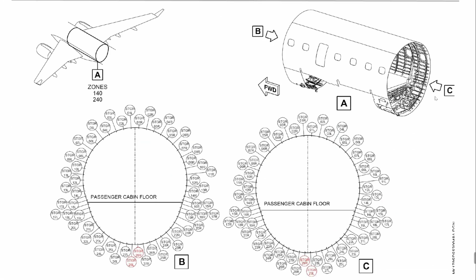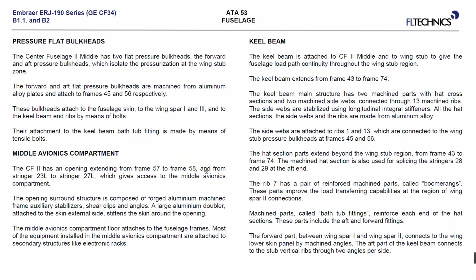I already told you in the previous session before the break. 0 is here on the top, and then we start on the left and the right side, counting starting from stringer number 1 until we reach 28 left and 28 right at the bottom at 6 o'clock.